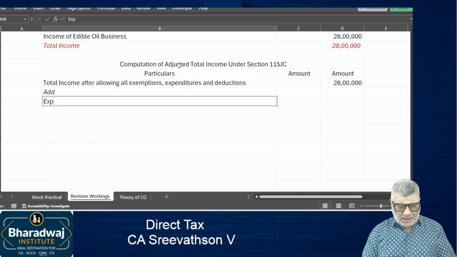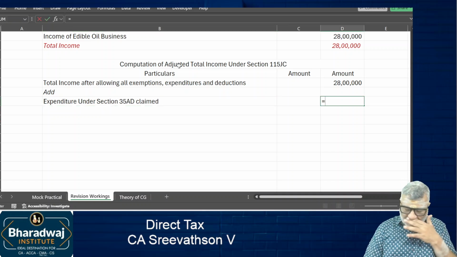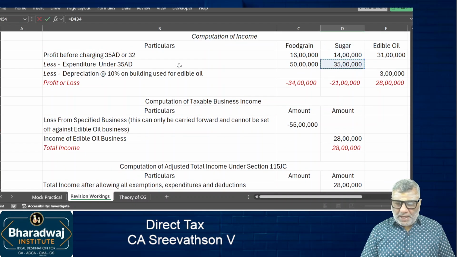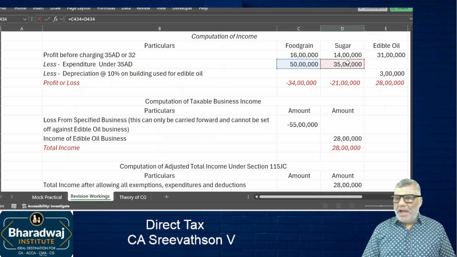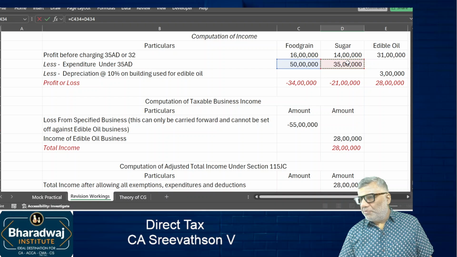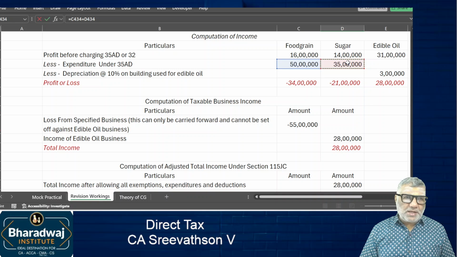And expenditure under section 35AD claimed. So I have claimed expenditure of 50 lakhs plus 35 lakhs, 85 lakhs: 50 lakhs for food grain and 35 lakhs for sugar. Is the class understanding?